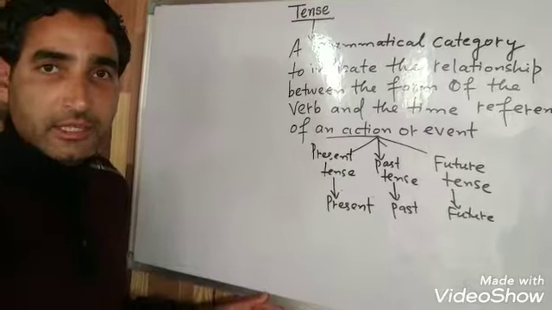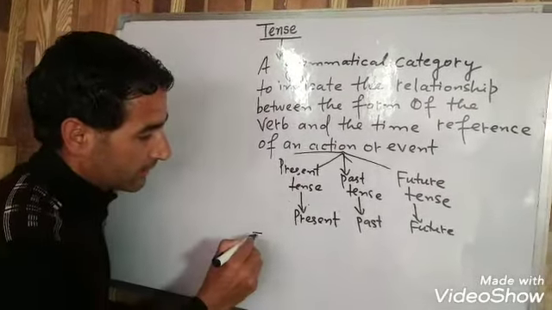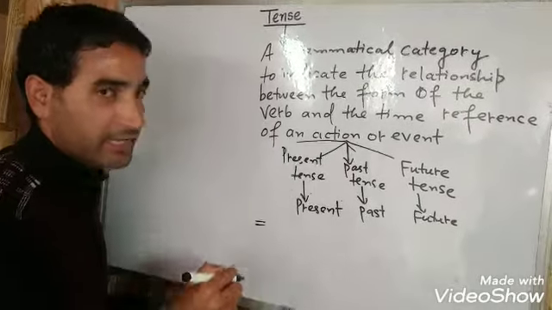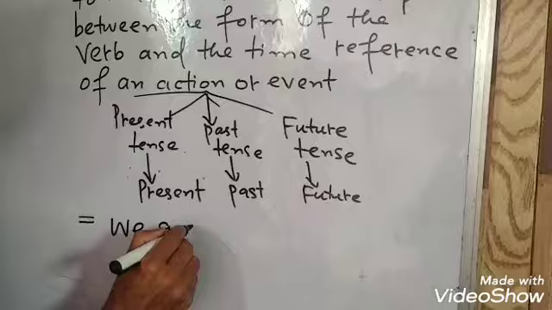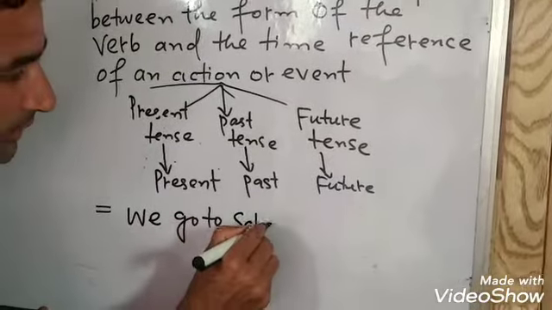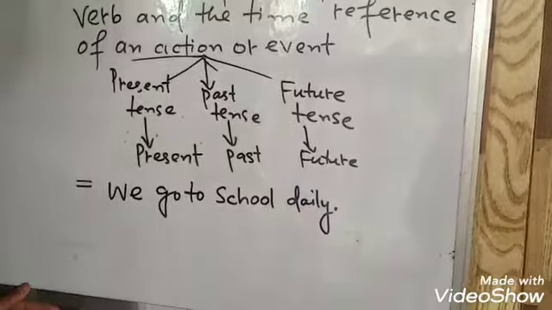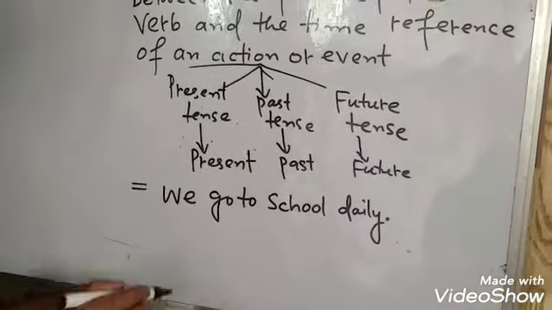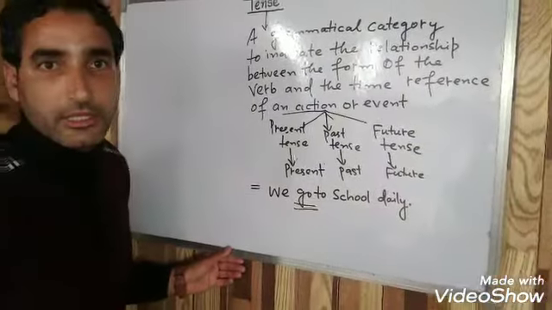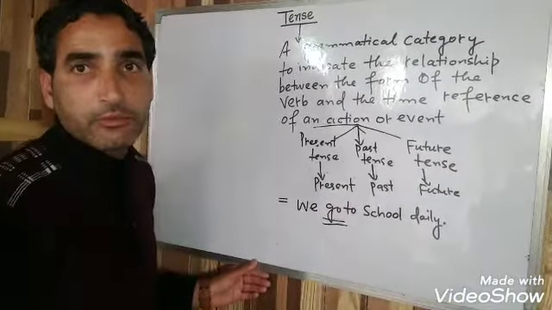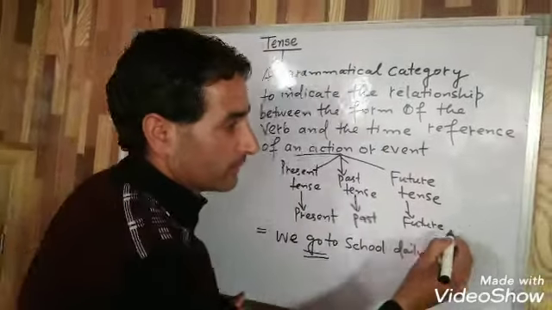Let's take some examples. I will write here the sentence: we go to school daily. Now here, in this sentence, the verb is go, and we know this is the present form of the verb.